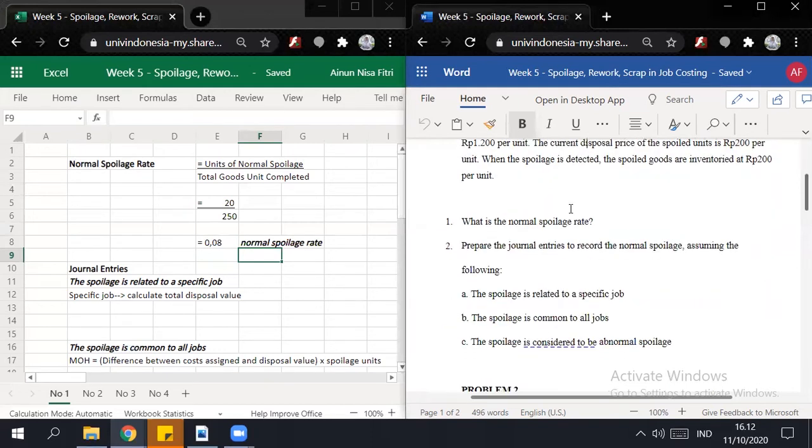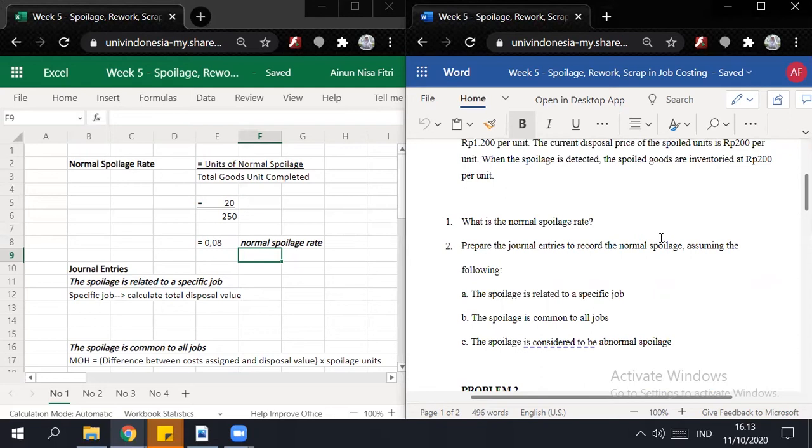Prepare the journal entries to record the normal spoilage, assuming the following. First, the spoilage is related to a specific job. When the spoilage is specific, we only need to calculate the disposal value, because the cost related to spoilage is already assigned to that specific job.